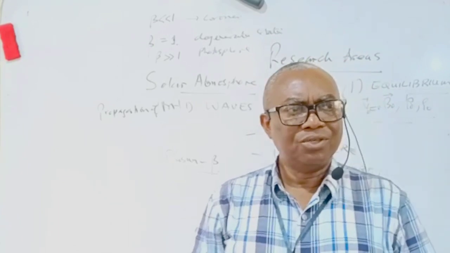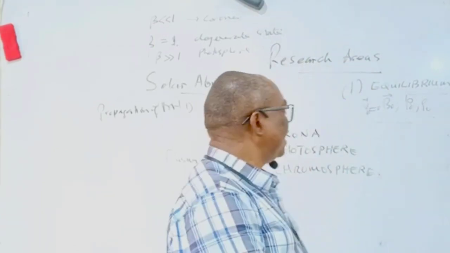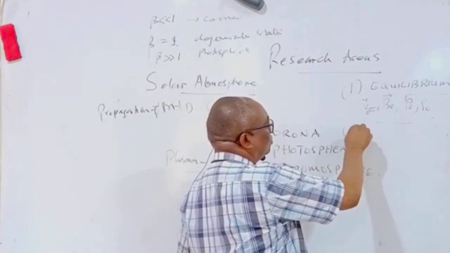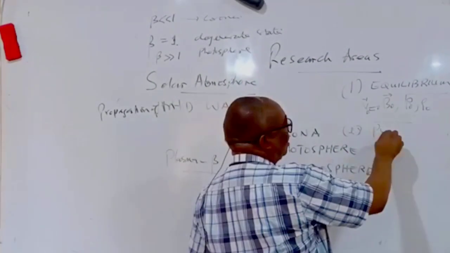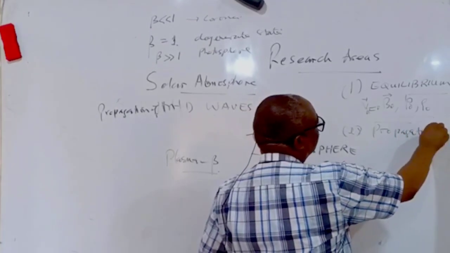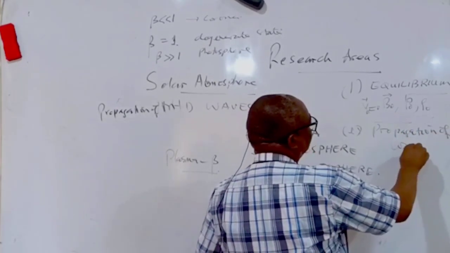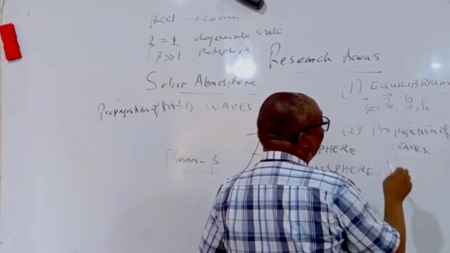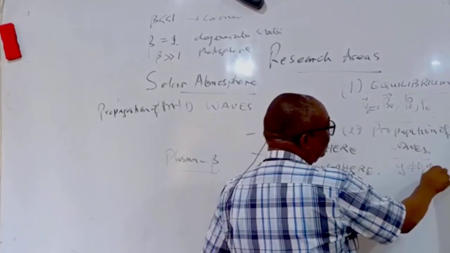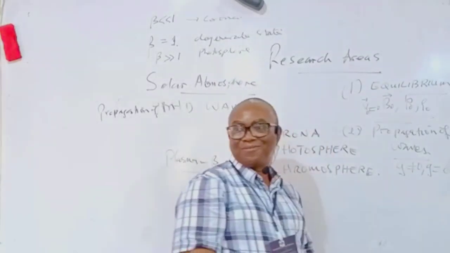Now, we can go to number 2 to look at the propagation of waves. Which we have done when g is different from 0 and when g is equal to 0. Is it not?